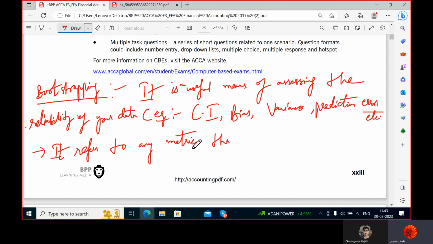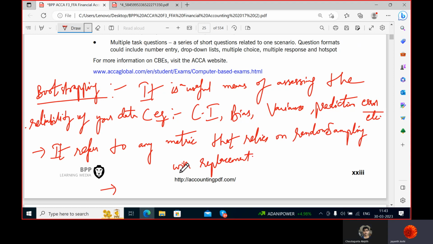It refers to any metric that relies on random sampling with replacement.